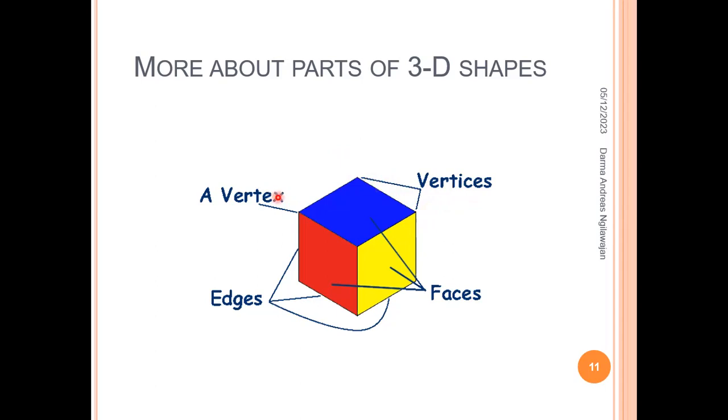Okay, you can see the explanation in this picture. A vertex, which means only one vertex. And if it's more than one, we call it vertices.